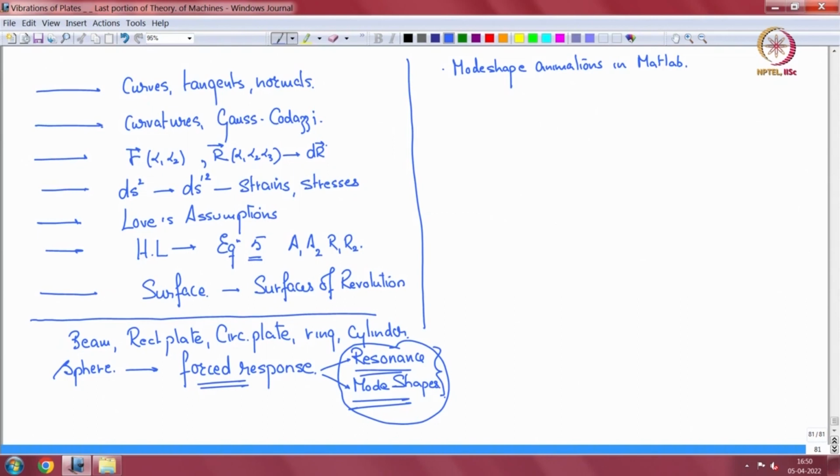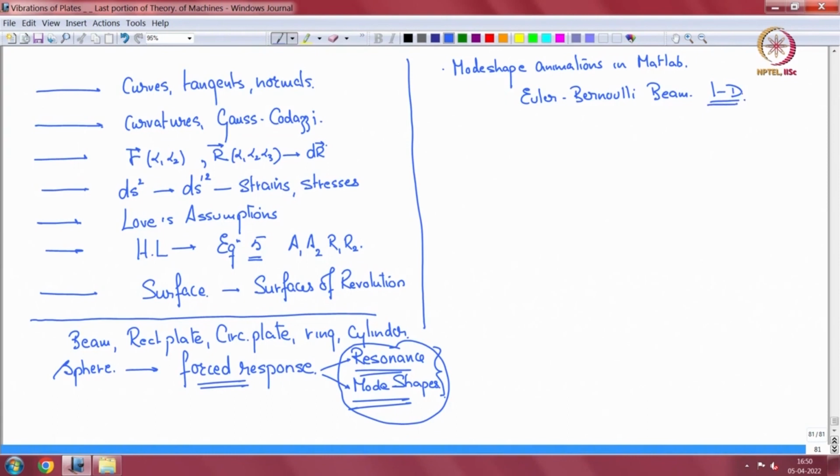So along these lines, the first system that we are going to look at is the Euler-Bernoulli beam. It is a one-dimensional structure.